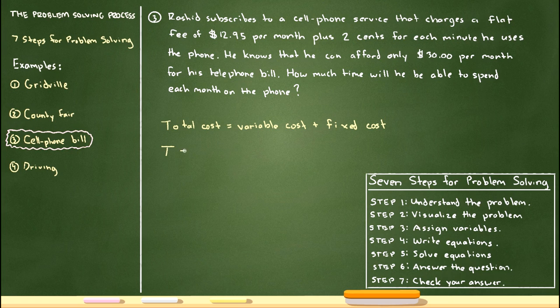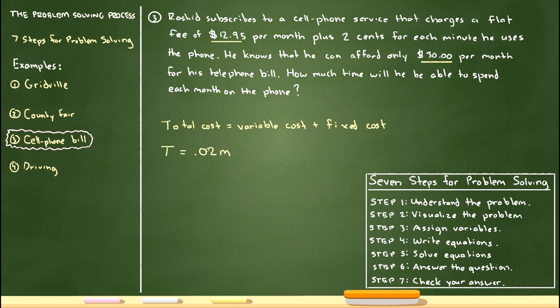His total cost will be his variable cost, which is going to be 2 cents. And now, this is important to do here. Do you want to work in dollars or do you want to work in cents? I think most people would prefer to work in dollars, and most of the information here is in fact given to us in dollars, but this here is given to us in cents. So we want to convert it to dollars here, 0.02, and then times how many minutes he's talking on the phone. That's going to be the variable cost.